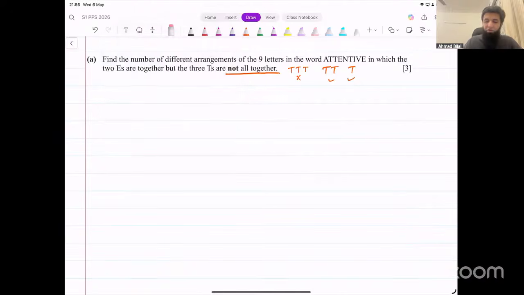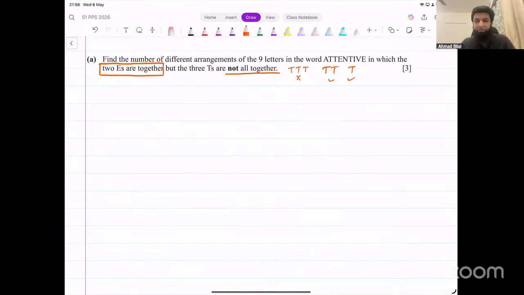Now, for the total arrangements, this is an important point. The 2 E's have to be together in any case. They have to be next to each other.